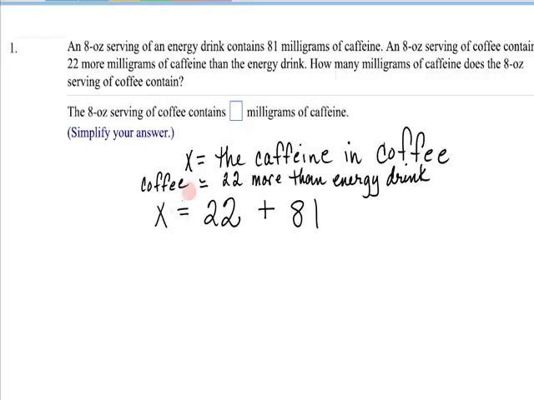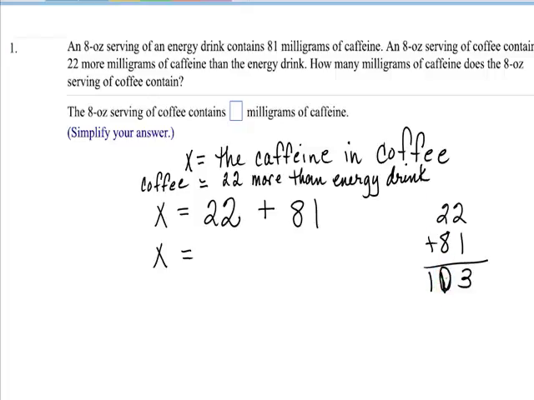Now many times the verb has, is, was, will be, that's your equal sign. 22 more than the energy drink. So let's see. X is 22 plus 81. 22 plus 81.